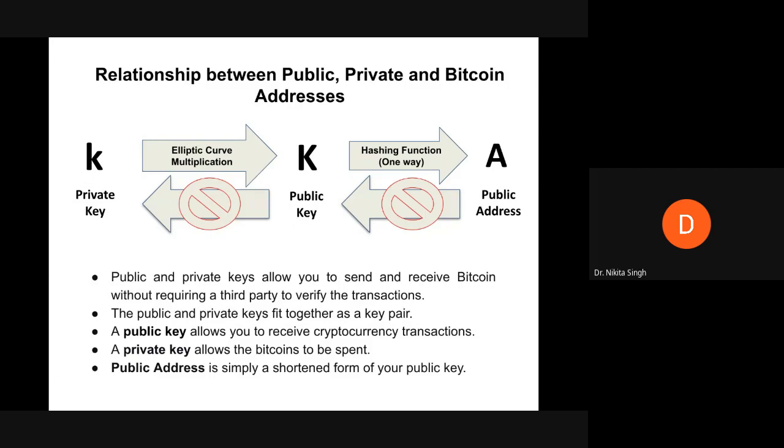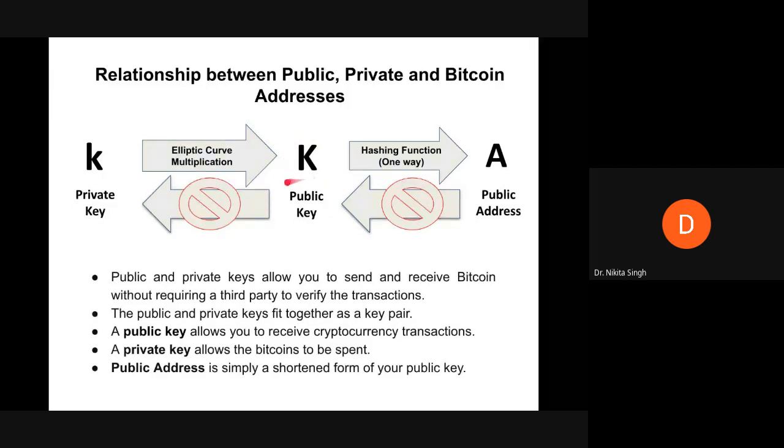What this will do is, it will make use of the elliptic curve multiplication function and create your public key for you. So you are yourself generating your private key, and then this private key is passed through the elliptic curve multiplication algorithm and you get your public key.